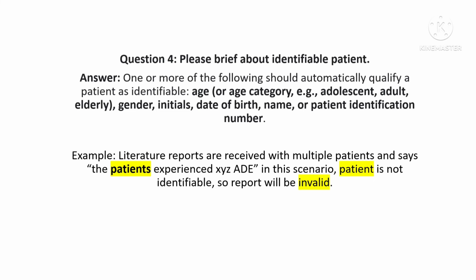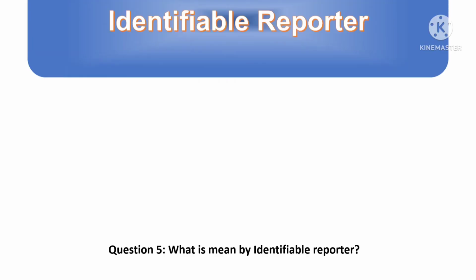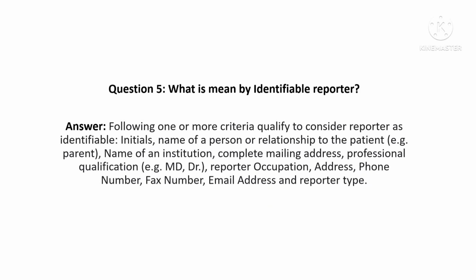So the second validity criterion is the identifiable reporter. The identifiable reporter is the same as the identity of the patient which we saw in the previous slide. The answer is, one or more of the following criteria qualify to consider a reporter as identifiable: initials, name of the person or relationship with the patient, for example parents, or name of any institution from where the adverse event is being reported, complete mail address, or professional qualification like MD or doctor.